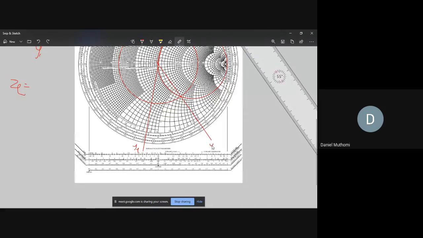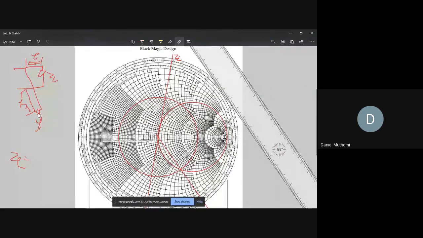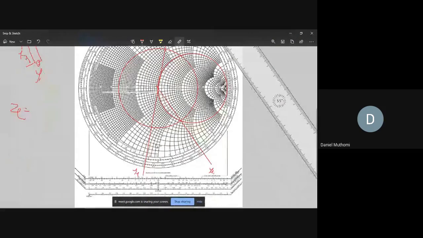This here, L1. This will be the admittance of your stub. So to read its value again, you know it's a 1, because its G is 1.